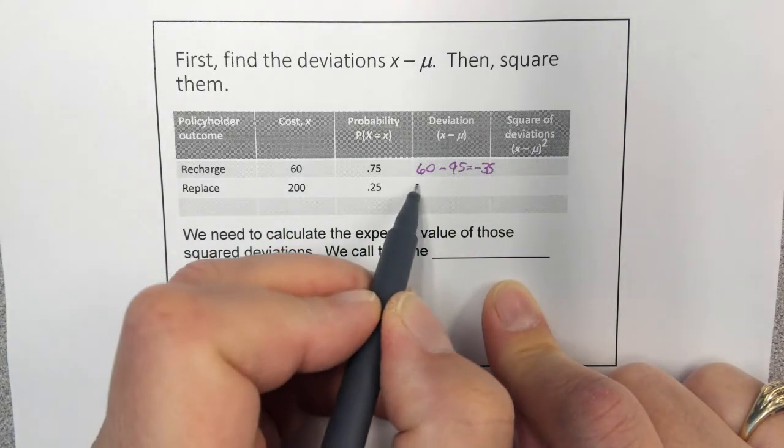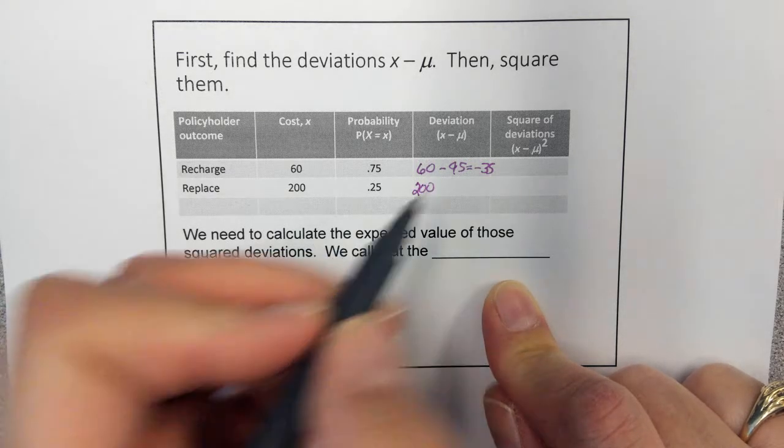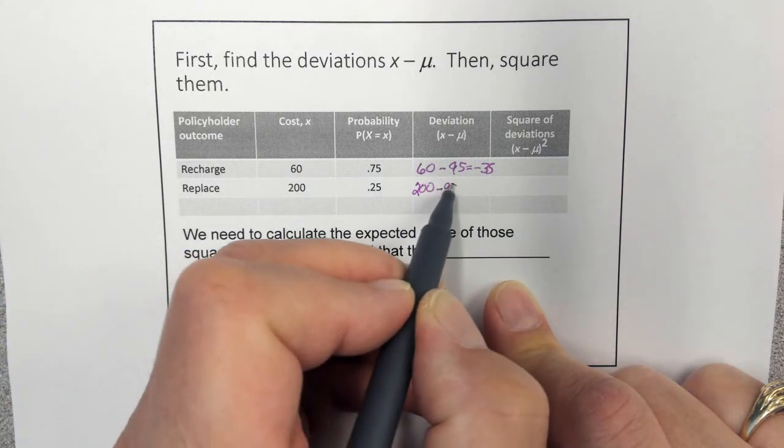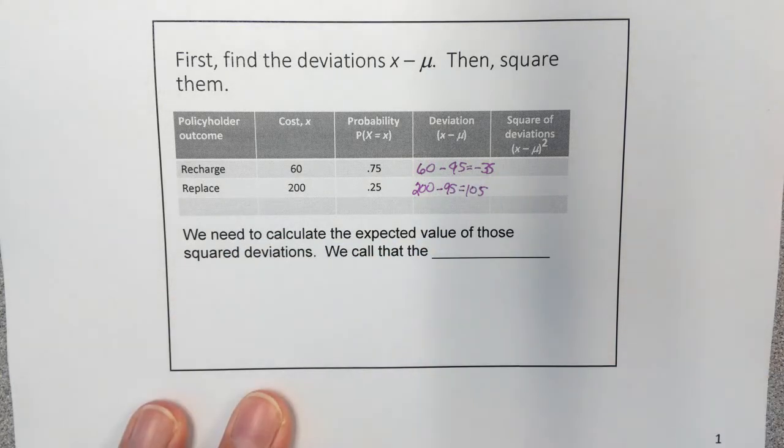And then we take, for the second possible outcome, $200 cost, and subtract the mean of 95, that's 105, right? Okay, so that means that the recharge price is $35 less than average, and the replace cost is $105 more than average. So how those numbers differ from the average is your deviation.